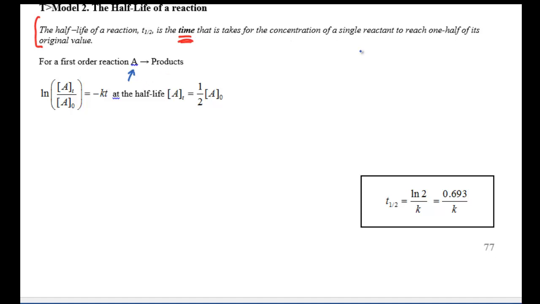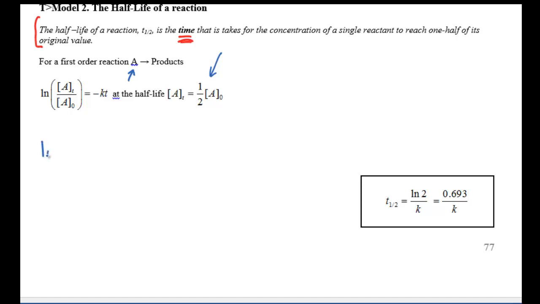I'm going to start with our first order integrated rate law of the form natural logarithm of the concentration of A at a particular time divided by the original concentration equals negative kt. And of course we can find this equation or one that's related to it on our formula sheet. To add to this, we'll look at the concentration of A when it reaches 1/2 of the original concentration.